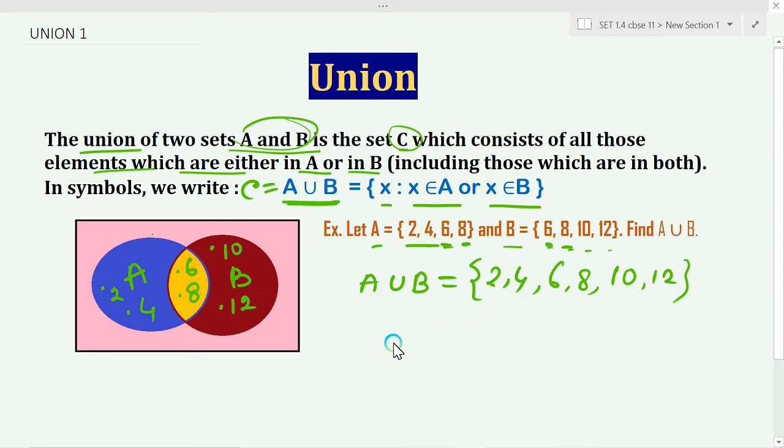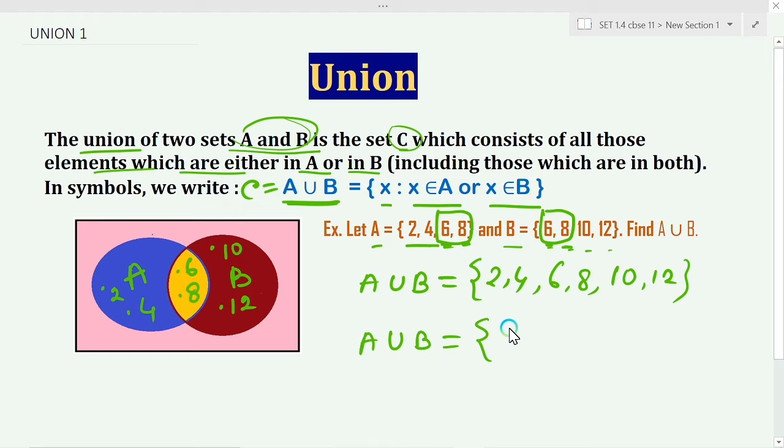So whenever you calculate A union B, first of all you have to find the common numbers between the two sets, 6 and 8.